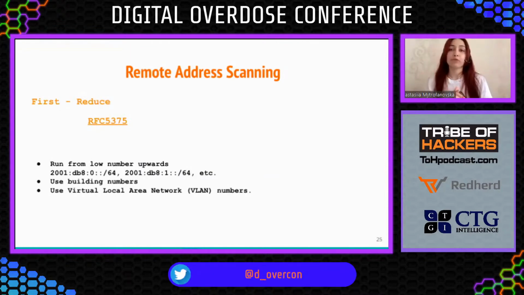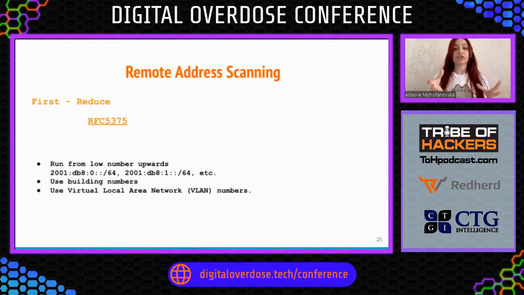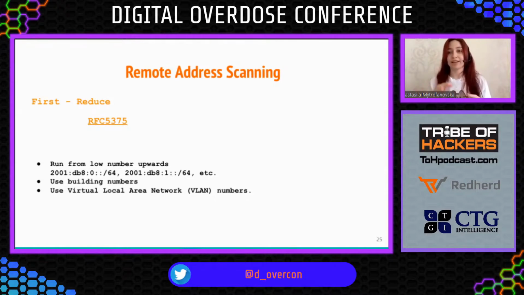Address scanning, remote address scanning. Before remote address scanning, you should consider which subnet prefix to choose, because a typical site might have 48 or 64 subnets to be scanned. However, we can reduce the search space by guessing likely address plan schemes, or using any clues that might exist from your searches or from other sources or observations.